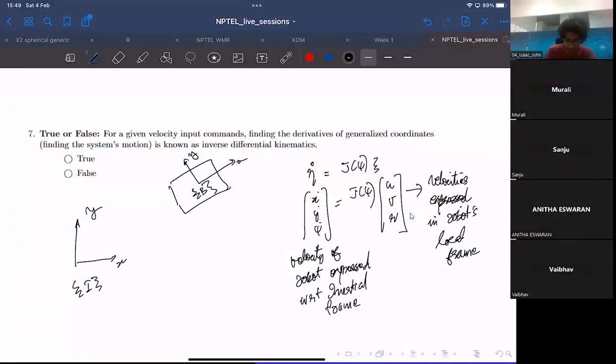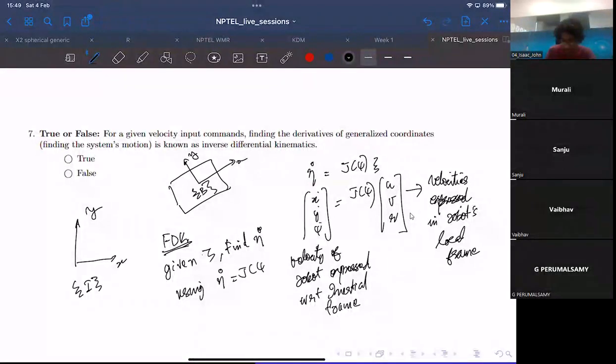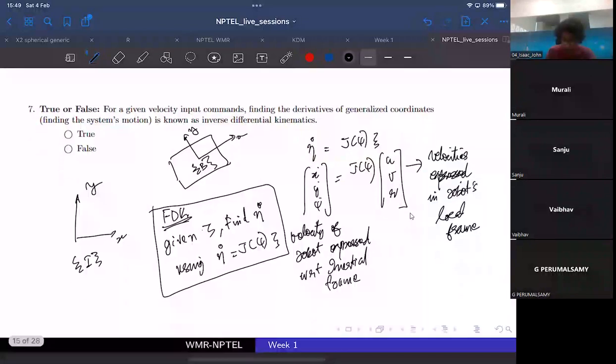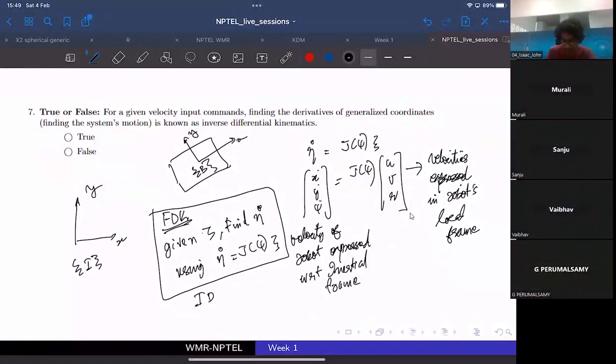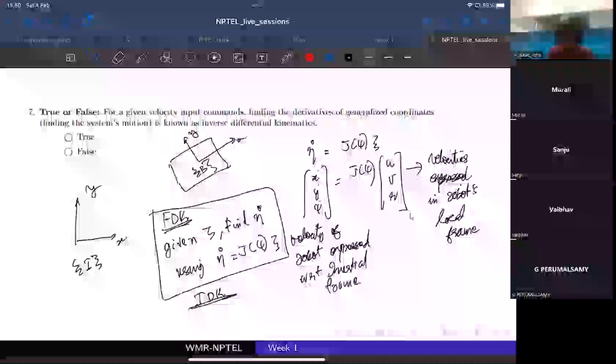So forward differential kinematics would be: given the psi vector in terms of body frame coordinates, find eta dot using eta dot equal to J of psi times zeta. This is forward differential kinematics. And in terms of inverse differential kinematics, it's basically the inverse problem.